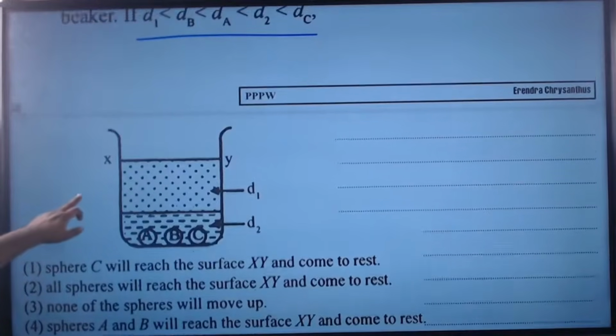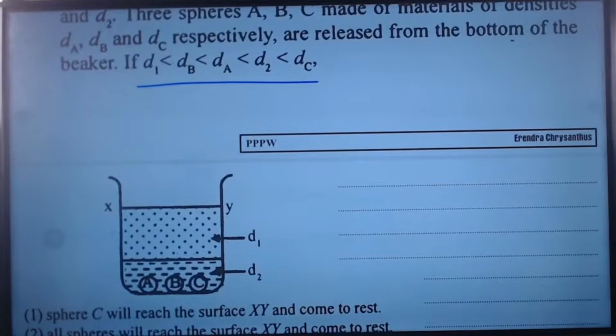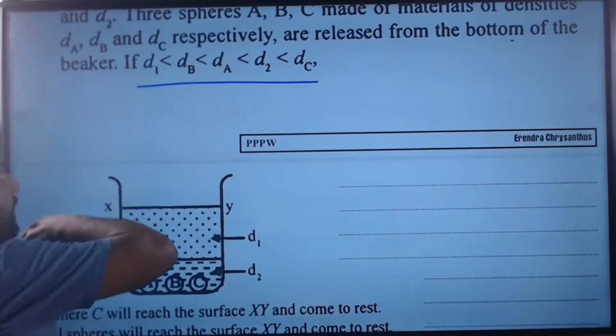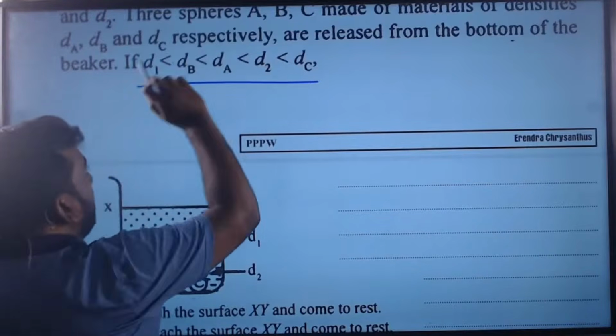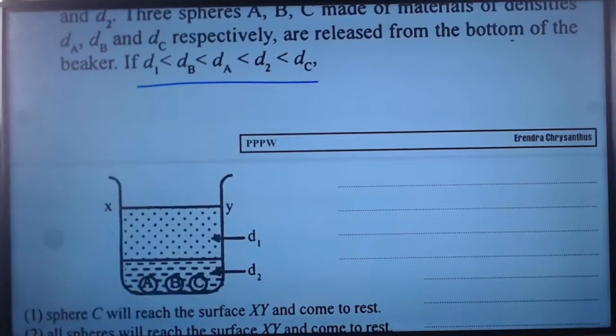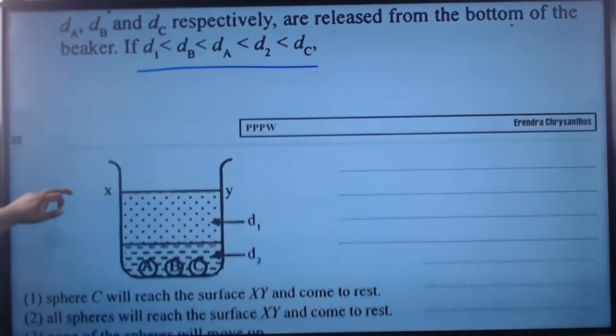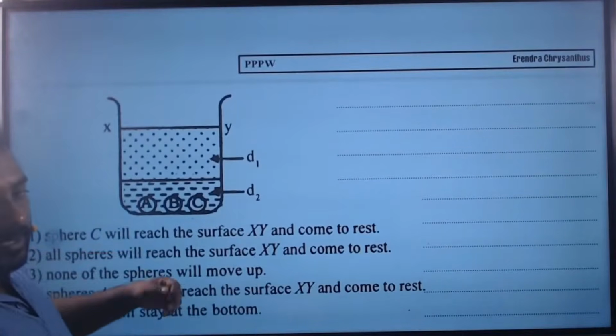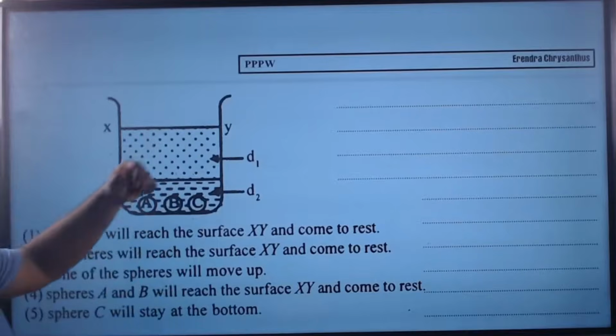So which statement is correct? The density dC is much larger than d1 and d2. The first statement says all spheres will reach surface XY and come to rest. Can C go to the surface?